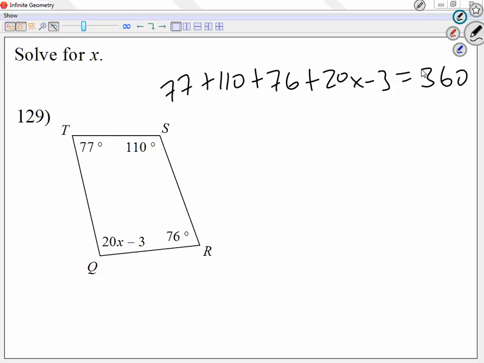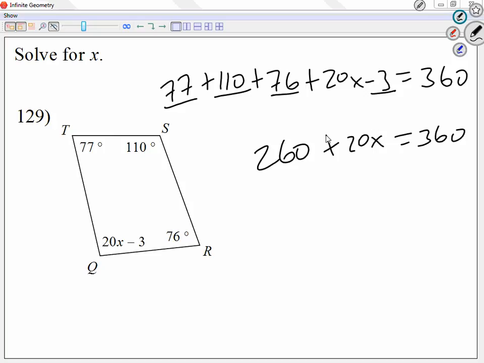There's 4 of them. So that means if there were 5, this would have added to 540. N minus 2 times 180. Since there's 4, I'm going 2 times 180, 360. If I add this number, 77 plus 110 plus 76 minus 3, that's 260. So I have 260 plus 20x is equal to 360. The rest I'll let you guys finish.